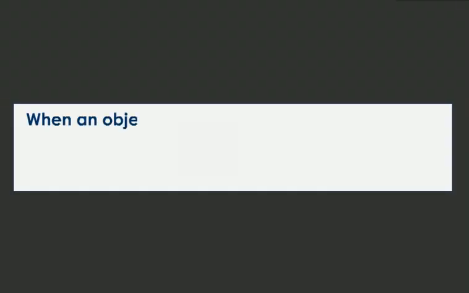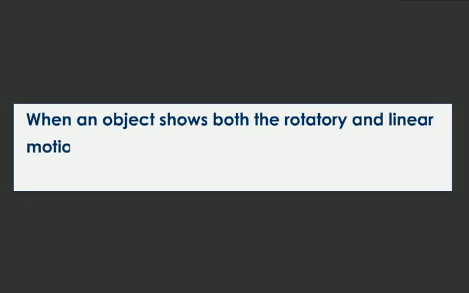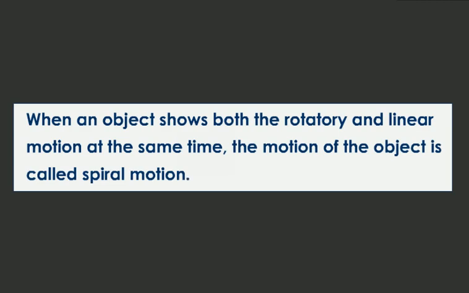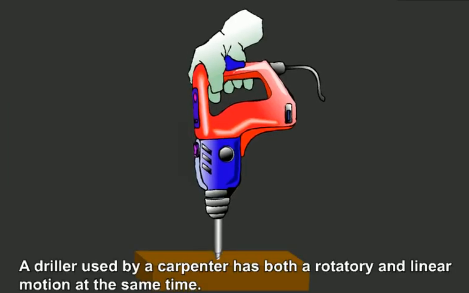When an object shows both the rotatory and linear motion at the same time, the motion of the object is called spiral motion. Students, some examples of spiral motion are: a driller used by a carpenter has both a rotatory and linear motion at the same time.